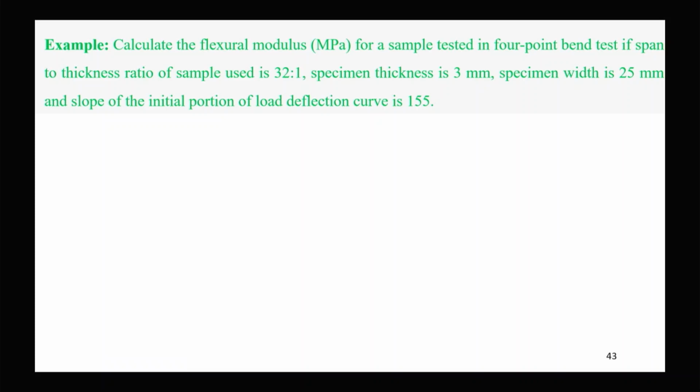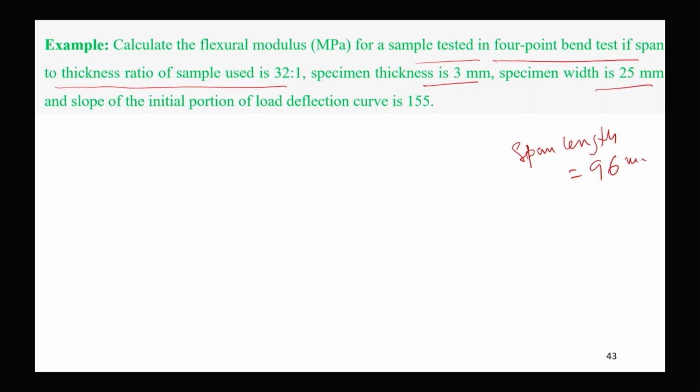Now calculate the flexural modulus in megapascal for a sample tested in a 4-point bending test. The span length to thickness ratio is 32:1, and the thickness is again 3 millimeter, span length 96 millimeter, specimen width again 25 millimeter. Here the slope of the initial portion of the load deflection curve is 155.